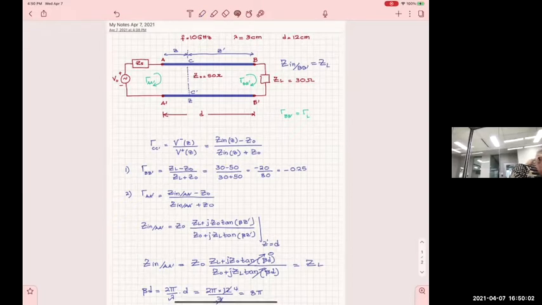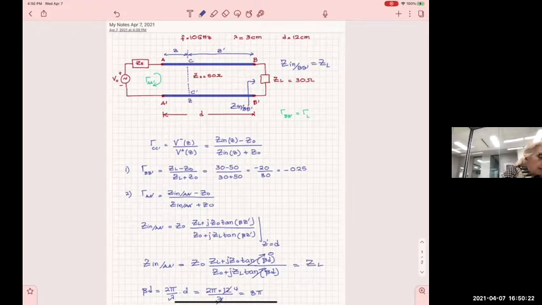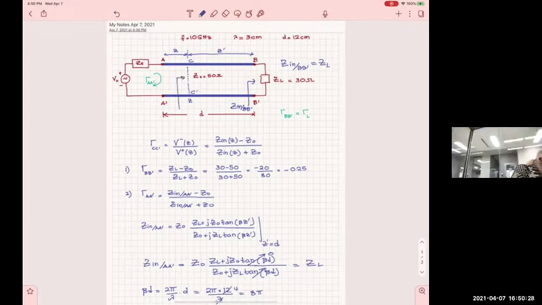All right, so if you stay at BB prime, you're sitting there observing the load, what you see is just the load. Input impedance is just what you're observing from your perspective. Yes, exactly. The input impedance is always looking towards the load.